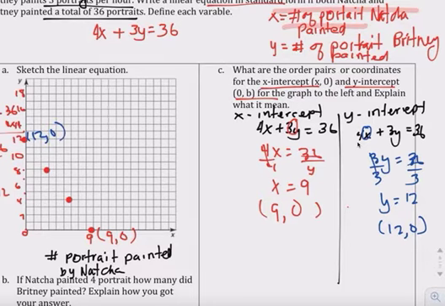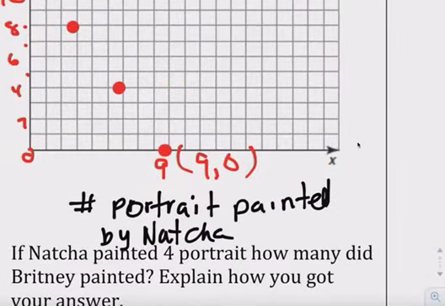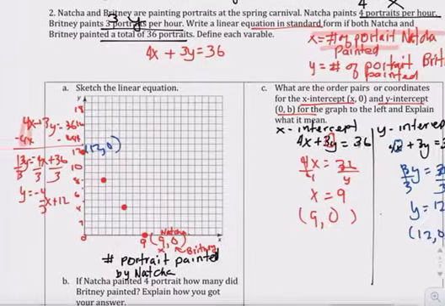Yep. What does it mean? Well, let's see. X means, this is X. X means that 9 represents the number of portraits painted by Nacha. This is Nacha. Nacha painted 9 portraits and Brittany painted 0. And this is the other way.